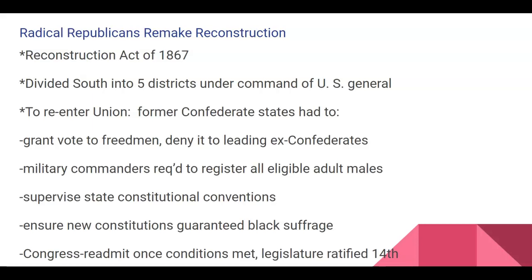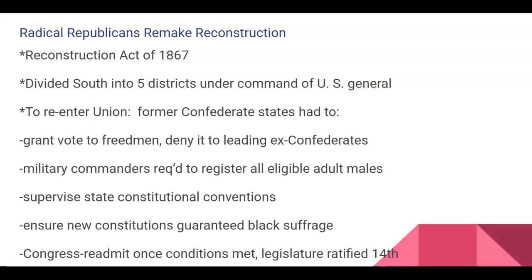At this point, as this is all happening, and people don't realize this, I think, there were over 2,000 local, state, and national African American men elected to office during this period of radical Reconstruction. Now, after the end of Reconstruction, when the North pulls out of the South in 1877, the Democrats start putting this way back.